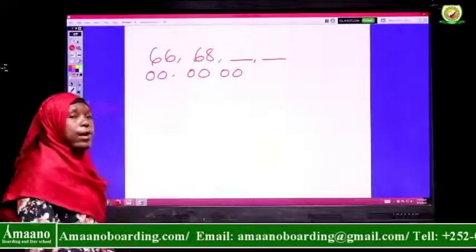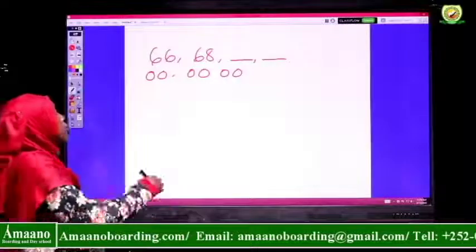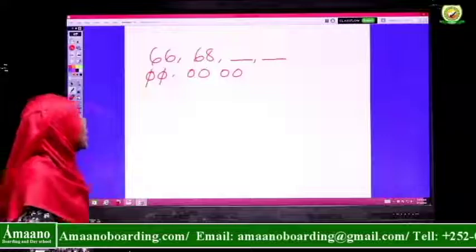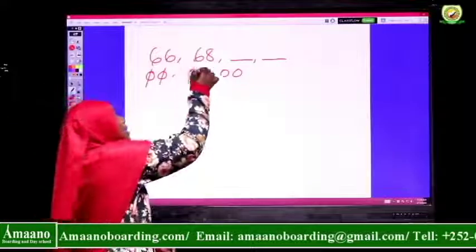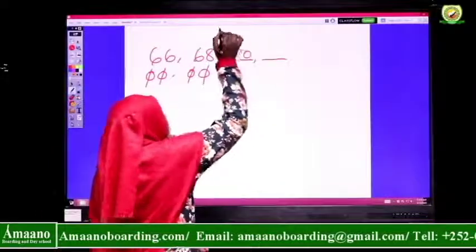Okay, so we have 66. If we have 66, 66 plus 2, it will be 67, 68. We have 68 there. And then after that, we continue 69, 70. 70 will be written here for the dash.